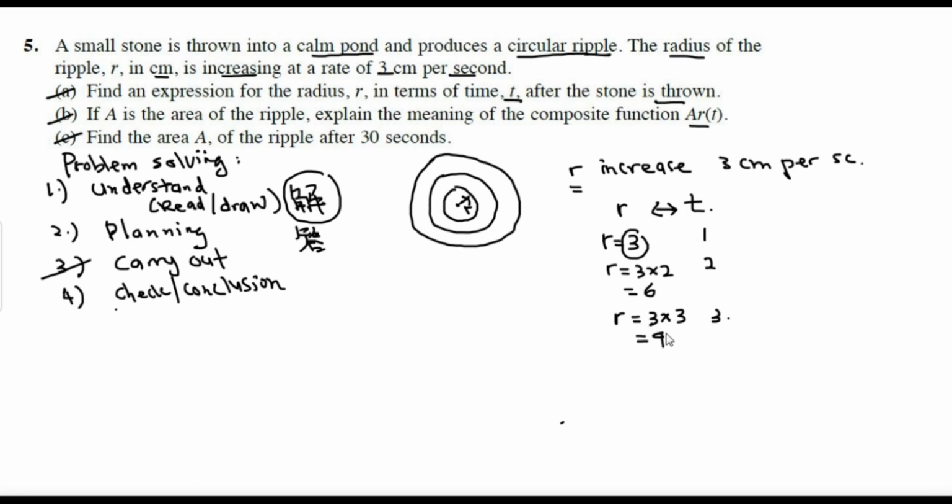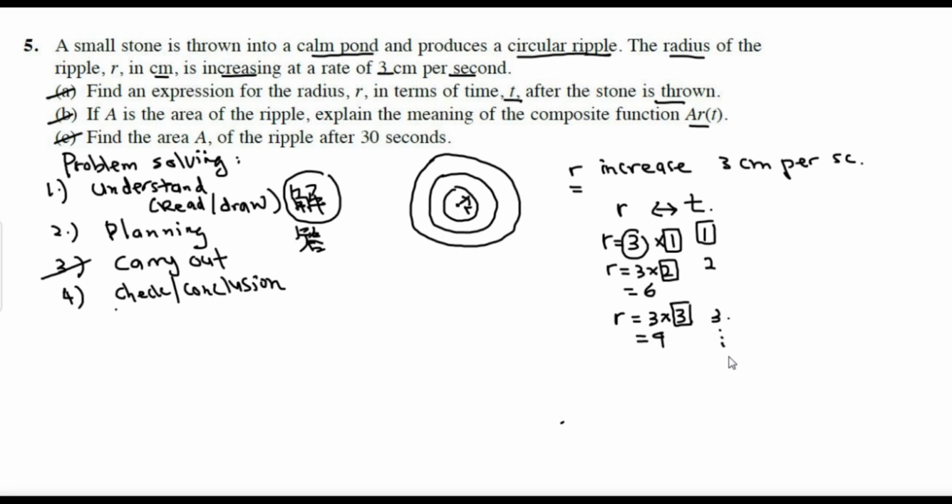Can you see the pattern of how we relate radius and time? For example, 3 is equal to 3 times 1, where this 1 is the time itself. After 2 seconds, the new radius is 3 times 2. After 3 seconds, it is 3 times 3.